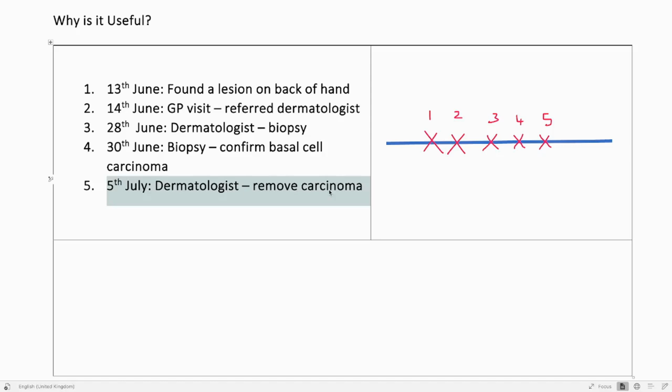Now, think of the situation. The carcinoma is no longer there. All right. So, is it really important in an OET task if the carcinoma is no longer there? Is it really important for me to go into all of that detail about the beginning of this timeline? I don't think it is. Okay.